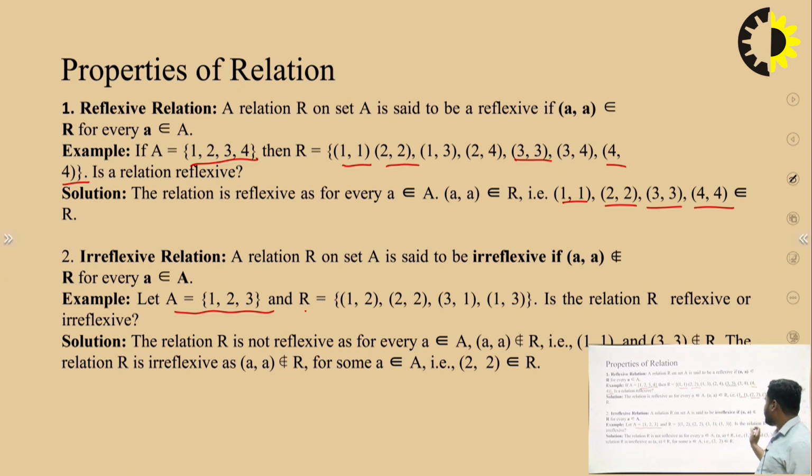Is the relation irreflexive? In the solution, (a,a) should not belong to R, so you can check (2,2). It is present here, so the relation is not irreflexive. Also (1,1) is present here, so it is not irreflexive.